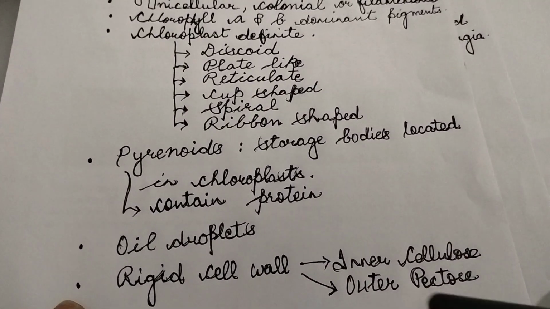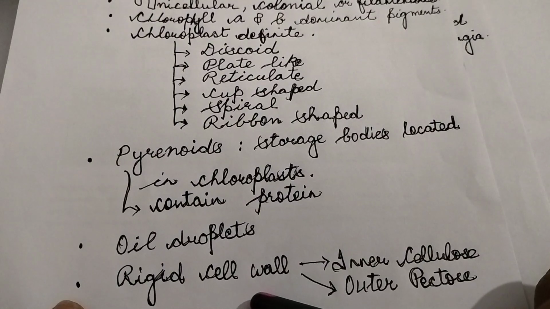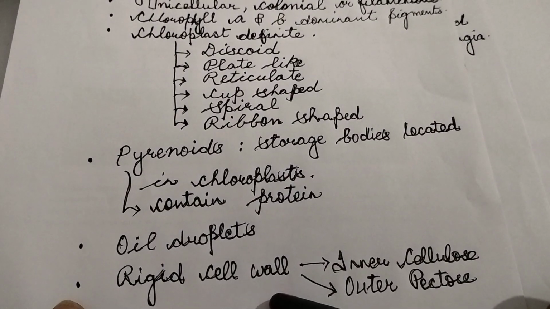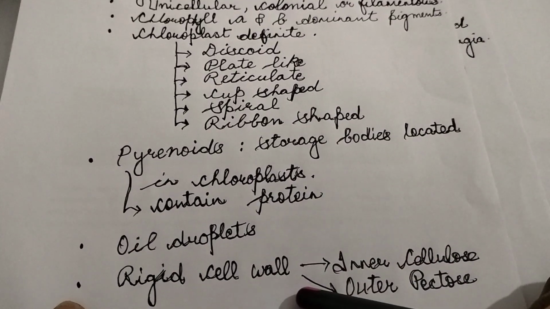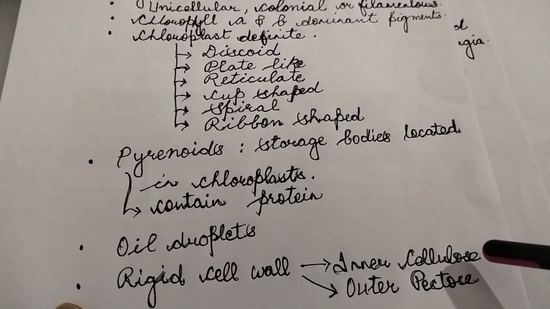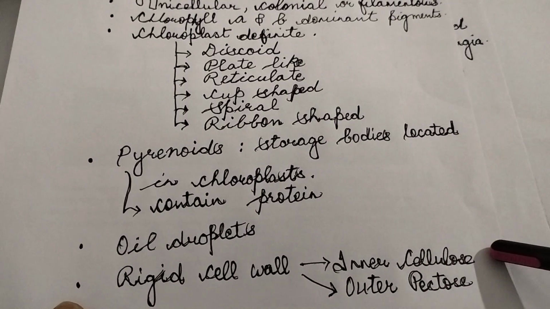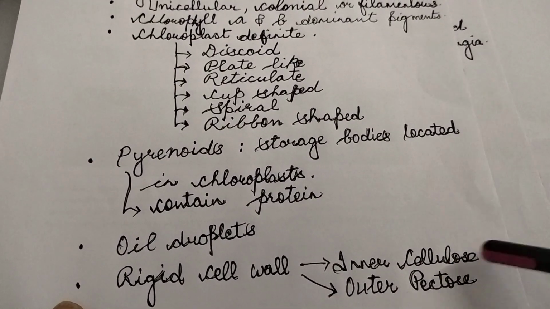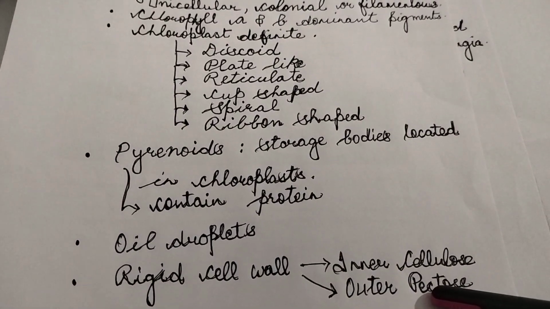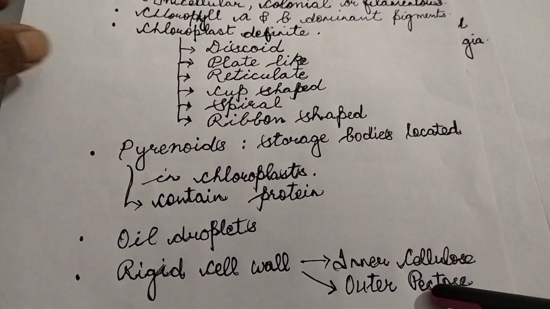See the prominent character. Usually a plant cell wall is made up of cellulose, but here the cell wall of green algae is made up of cellulose on the inner side and the outer layer is of pectose.